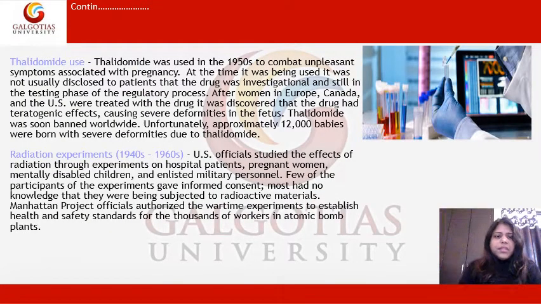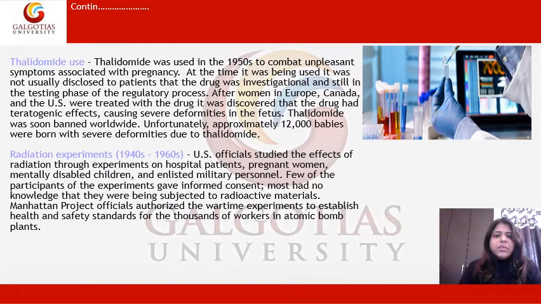In continuation, the next unethical trial was the thalidomide use. Thalidomide was used in 1950 to combat the unpleasant symptoms associated with pregnancy. At the time, it was not usually disclosed to patients that the drug was investigational and still in the testing phase of the regulatory process.